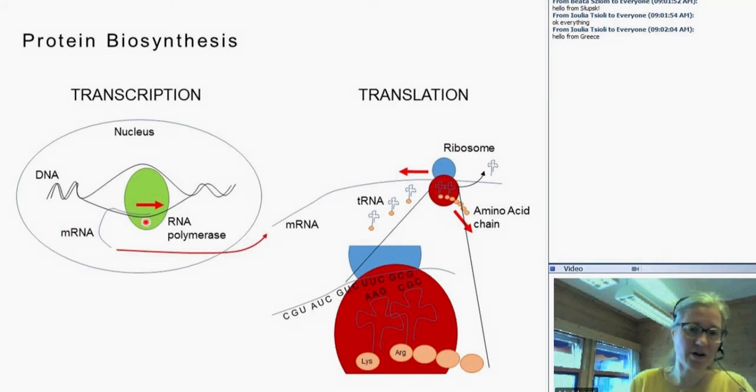And this messenger RNA has the unique feature that it can travel out of the nucleus into the cell, into the cytoplasm. And here I try to show it. This is the string of letters, C, G, U, A, U, C, G, U, C, just jotted along something that doesn't necessarily have a meaning.